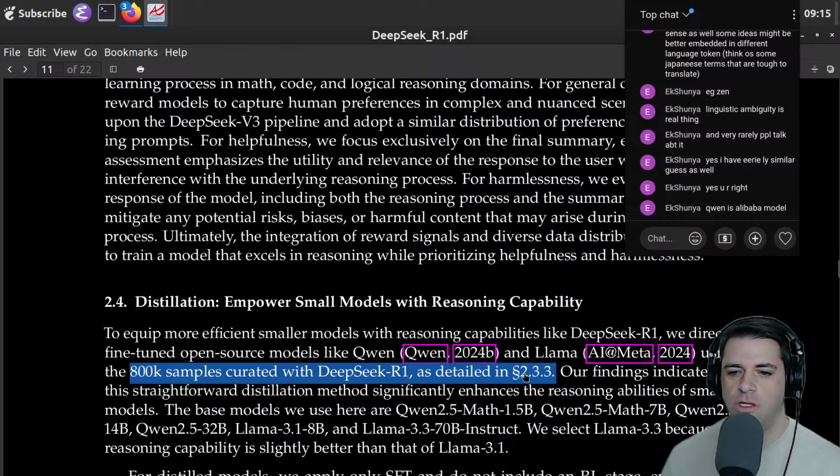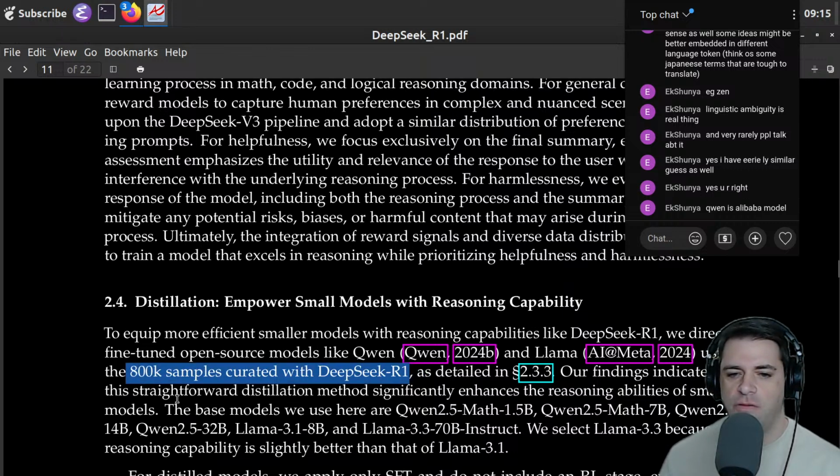So that's a section we've already looked at. So I think they generated the samples, made a bunch, and then they asked R1 which ones were the best.